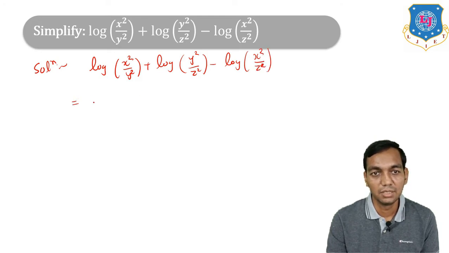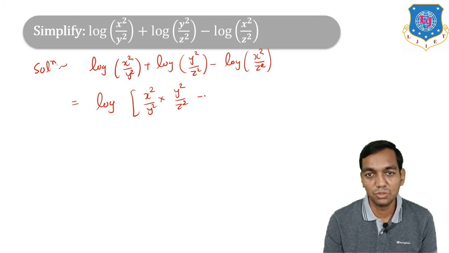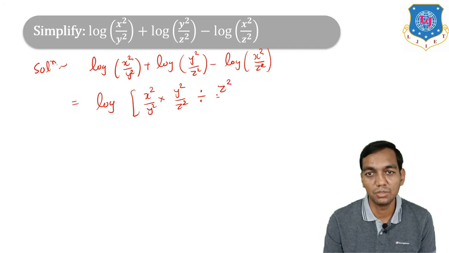So see, if you are using the property of log directly, then log a plus log b will be log ab. That means you have to multiply x and y. And minus, that means you have to apply the division. This divided by this. So this is one term, this is another term. So divided by x square upon z square.